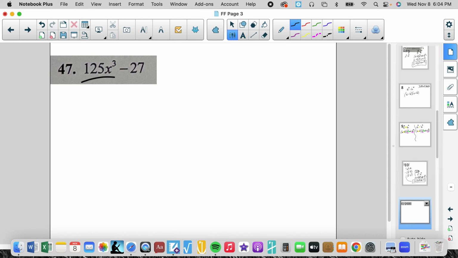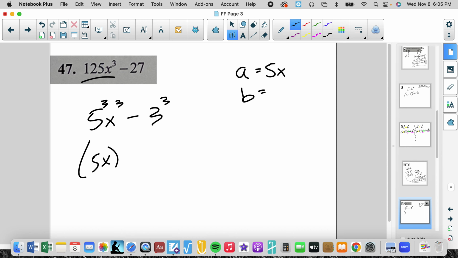So that is 5x cubed minus 3 cubed is how I can see that. My a is going to be 5x, and I can write that as 5x cubed minus 3 cubed.